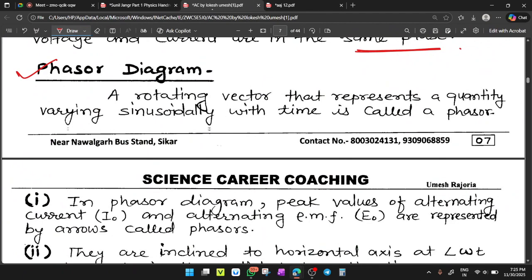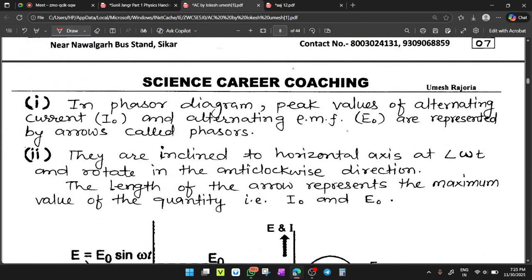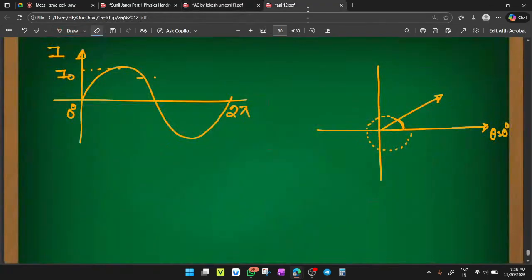A rotating vector that represents a quantity varying sinusoidally with respect to time is called a phasor. In a phasor diagram, the peak values of alternating current I0 and alternating EMF E0 are represented by arrows called phasors. Like this vector representing the current. At the tip of the vector you must write I0, meaning this is the maximum magnitude.